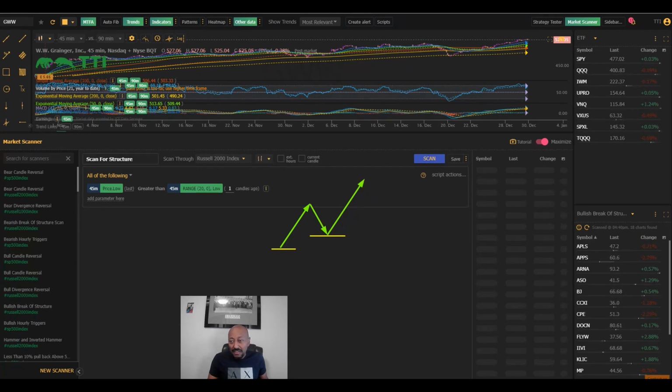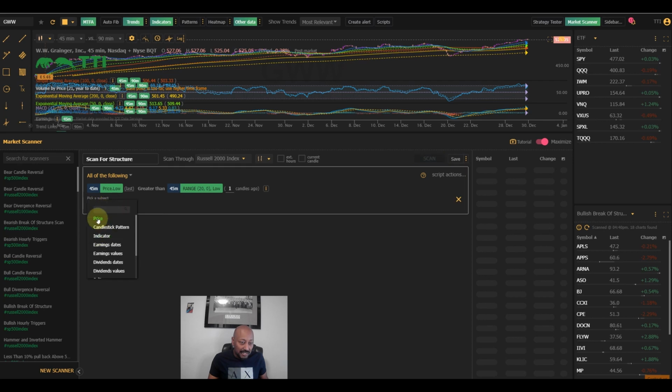The way I narrow it down even further, I will add another condition. Again, price in the 45 minutes.